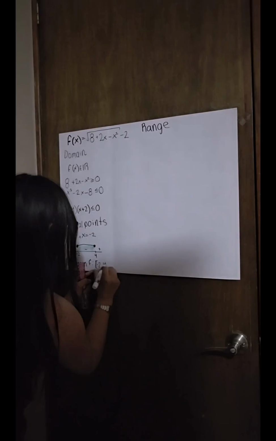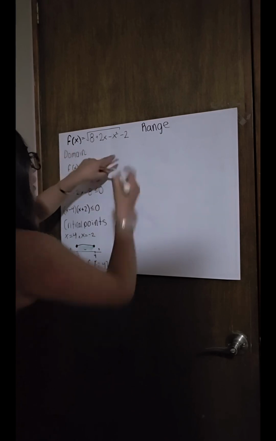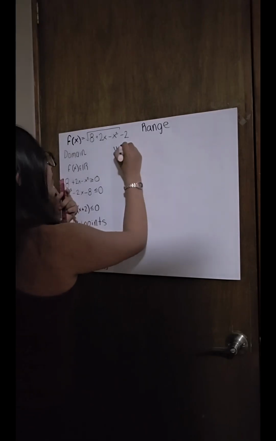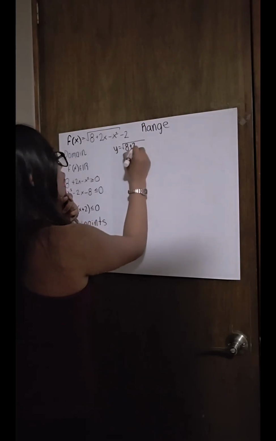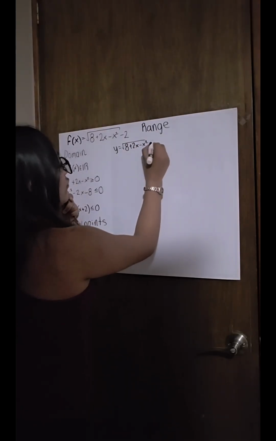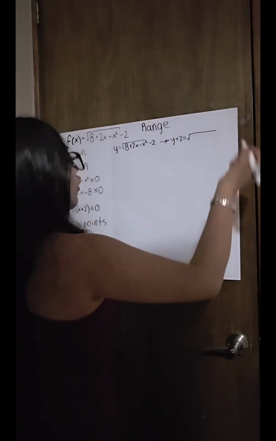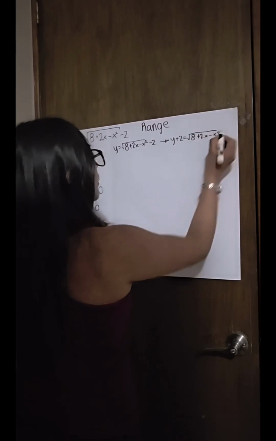Minus 2 and 4, and the other bracket. And now we are going to calculate the range. So g is equal to this function, the square root of 8 plus 2x minus x squared, minus 2. This is equal to g plus 2 equal to the root of 8 plus 2x minus x squared.